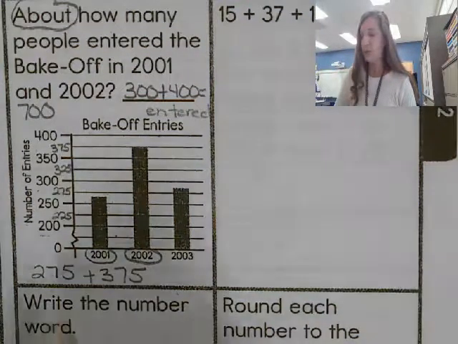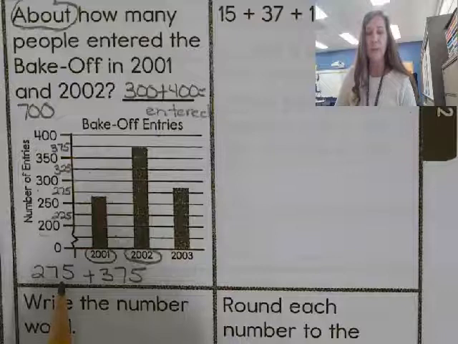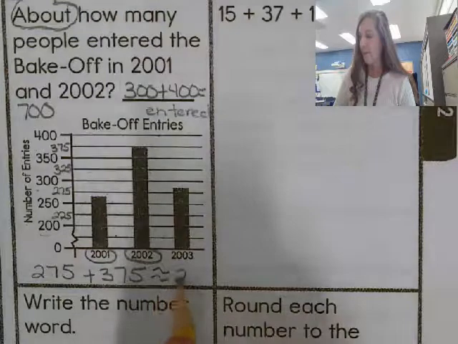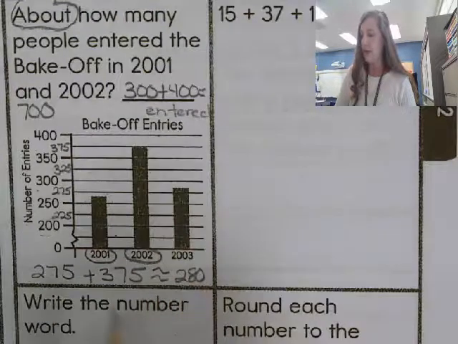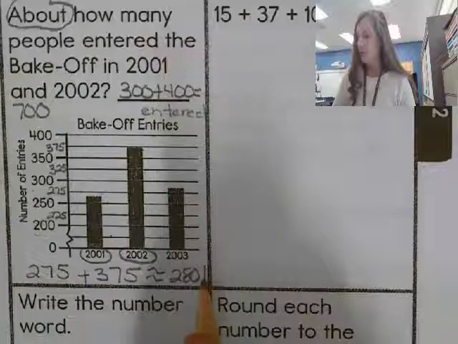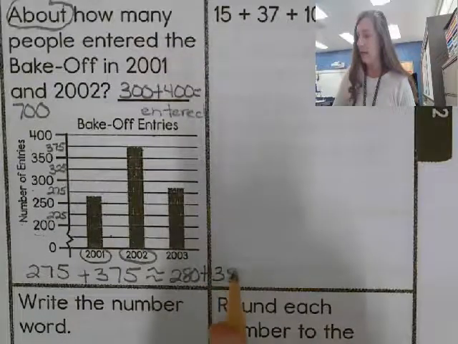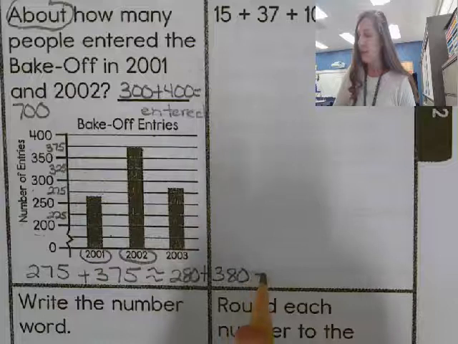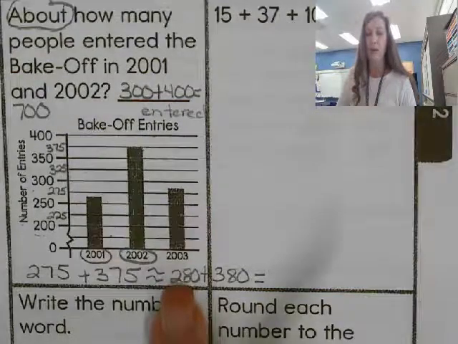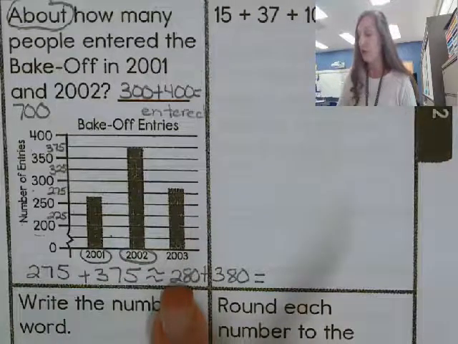Now, if I were going to round these to the closest 10, I could round 275 to 280, and I could round 375 to 380, and this would give us a much closer estimate as to about how many there are, because we're rounding to the closest 10 now instead of the closest 100.